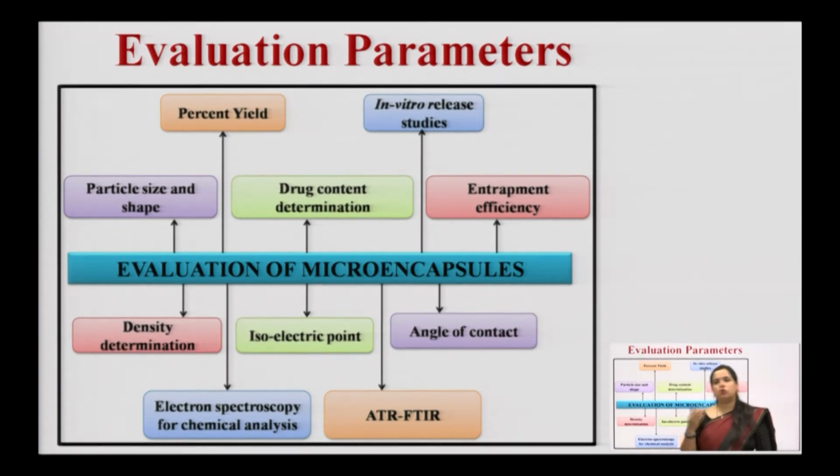Percentage yield: the total amount of drug and polymer, and the ultimate finished product, how much we are getting, right. Then drug content determination, in vitro release studies, entrapment efficiency, density determination, isoelectric point, angle of contact, electron spectroscopy for chemical analysis, and ATR FTIR.